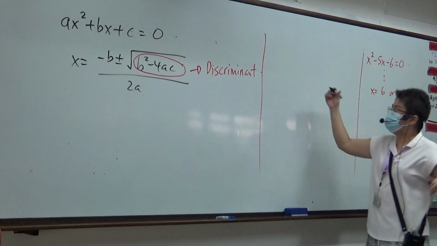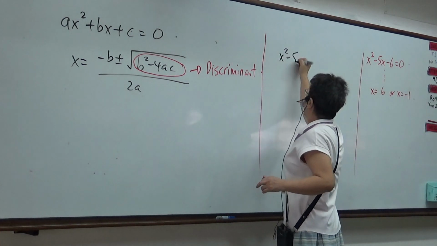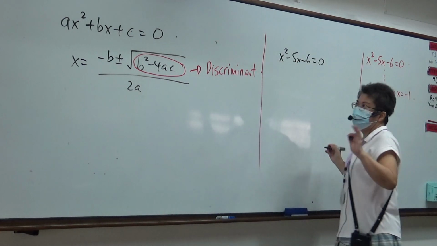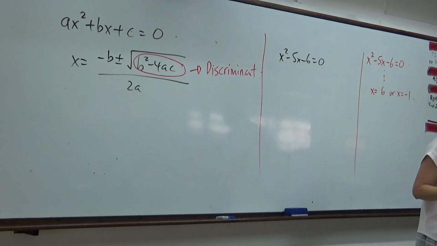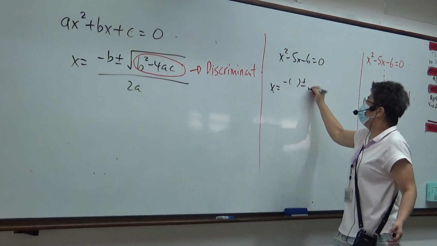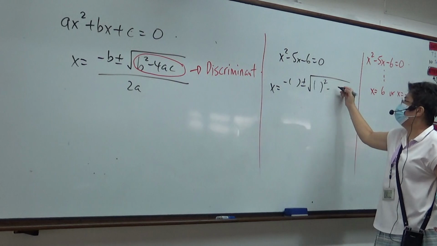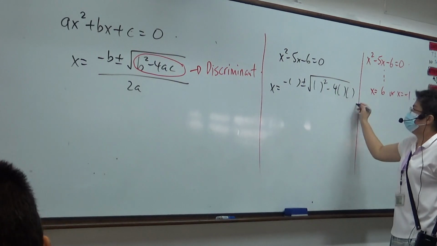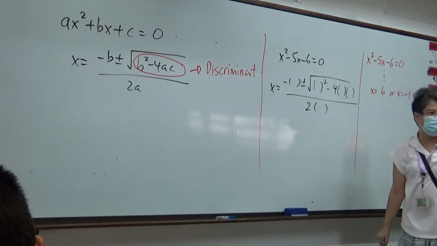Now, this is what I always do. X squared minus 5x minus 6 equals 0. I don't need to write down a, b, c. I also won't write down the formula, but if you want to, you may do so. When you are very familiar with it, you don't have to write it down. I'll write down x equals minus something plus minus square root of something squared minus 4 over 2 something.